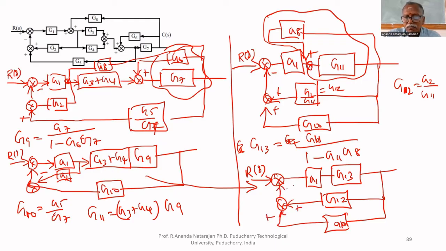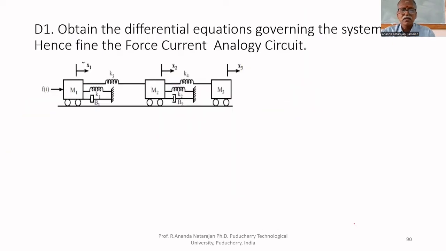This is negative feedback. So finally, G10 and G12 can be added together.